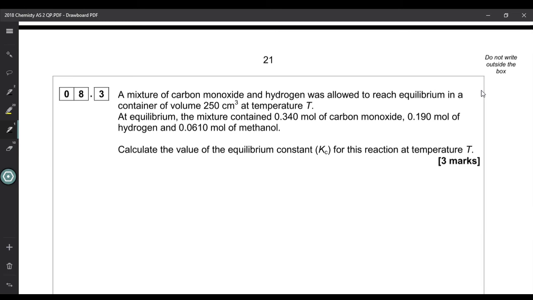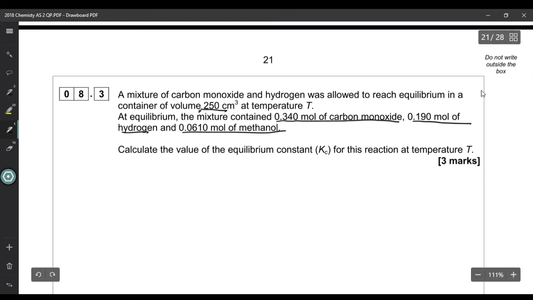So question 3, a mixture of carbon monoxide and hydrogen was allowed to reach equilibrium in a container of volume 250 cubic centimeters at temperature T. At equilibrium, the mixture contained 0.340 moles of carbon monoxide, 0.190 moles of hydrogen, and 0.0610 moles of methanol.